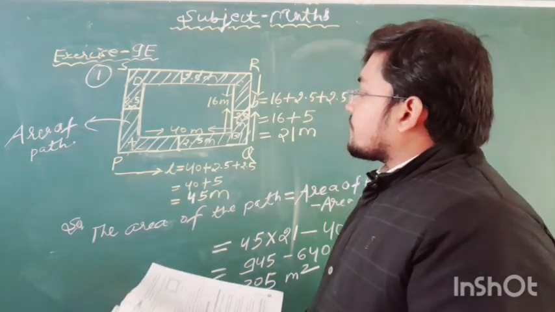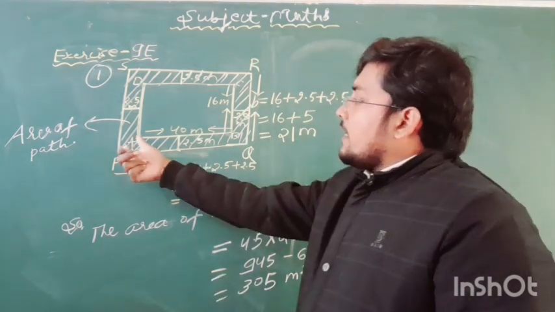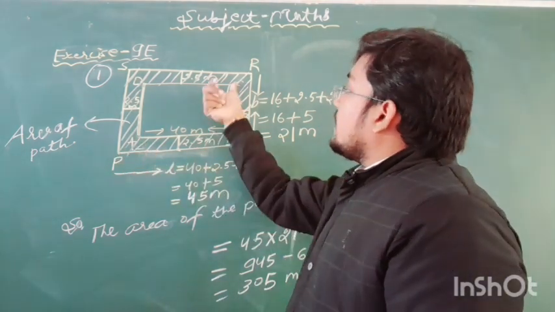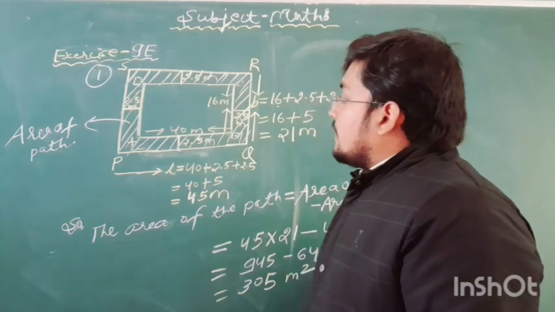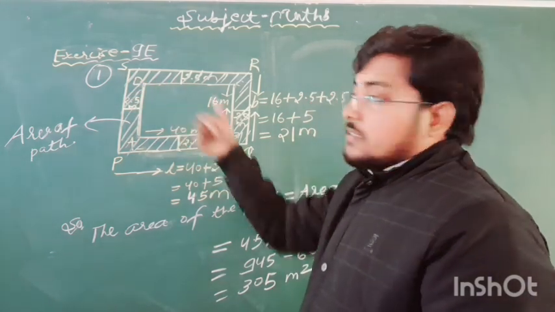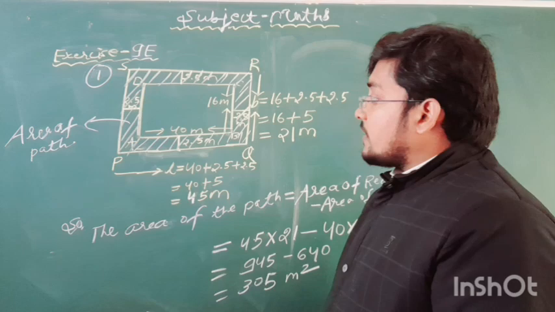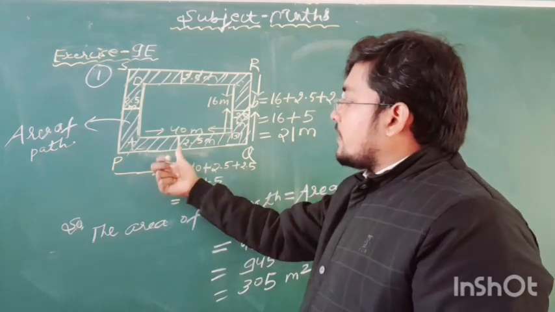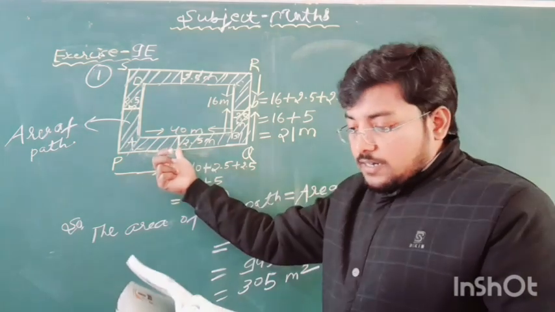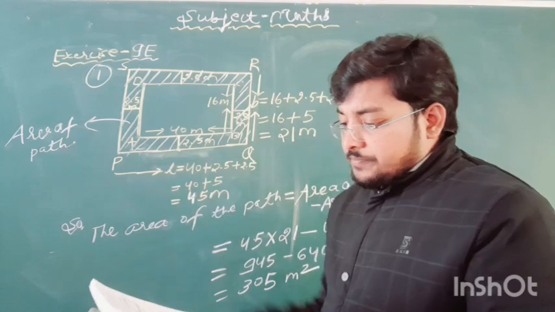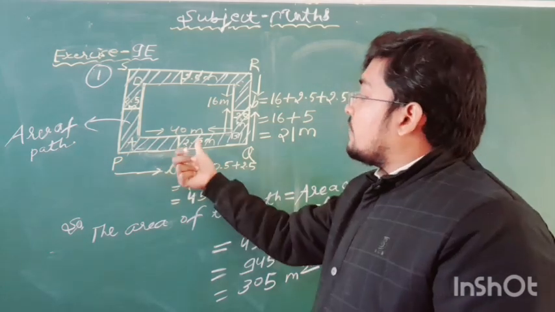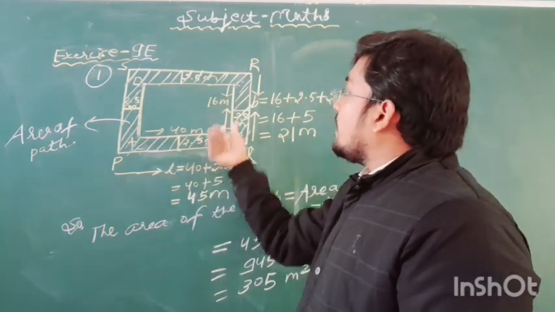So, rectangle ABCD is drawn. After that, a path of 2.5 meters width goes around the rectangle ABCD.